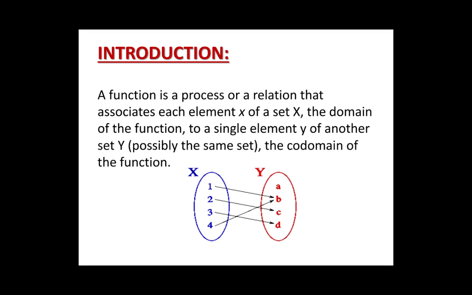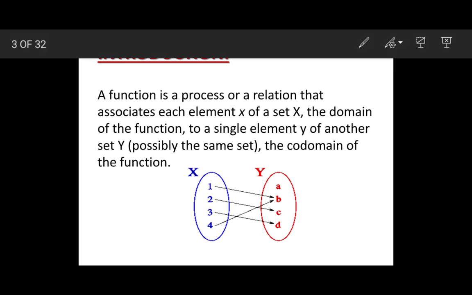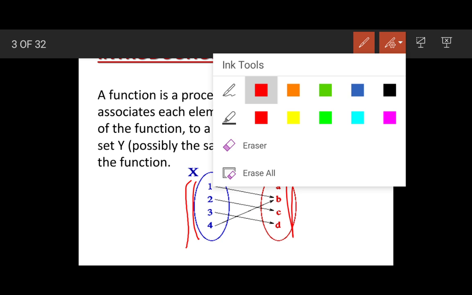Okay, so the elements of set X are known as the domain, and the elements of set Y are known as the codomain. Okay, so domain to codomain, that relation is known as a function.